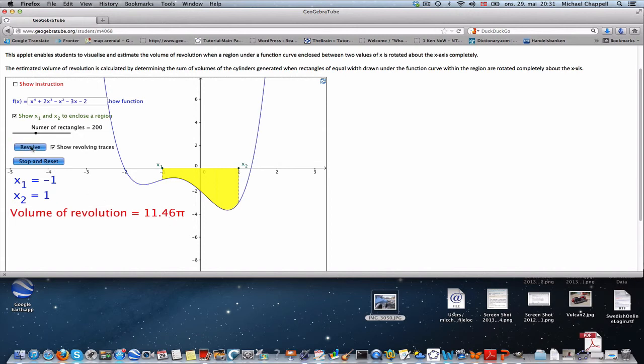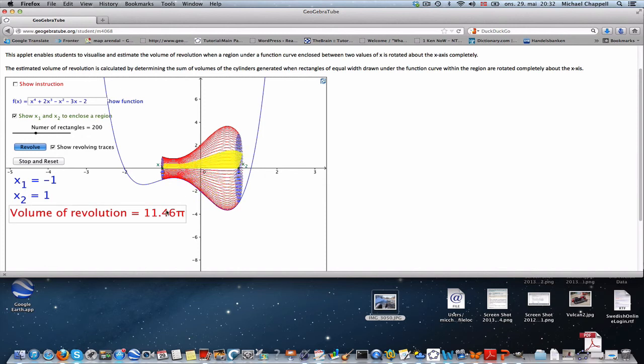Let's have a look at how this works, the wonderful shape it generates. That was our base function, and we can vary the limits, x1 and x2, and get all sorts of different shapes. So there's the solid being generated for you. Then by using calculus you could find the volume and compare it with that.